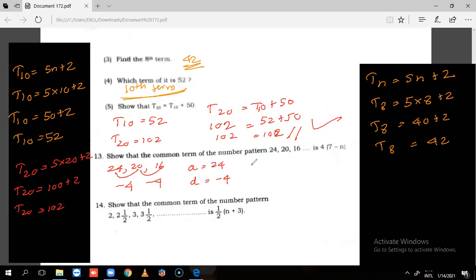Tn equals common difference into n plus first term 24, minus the common difference 4.